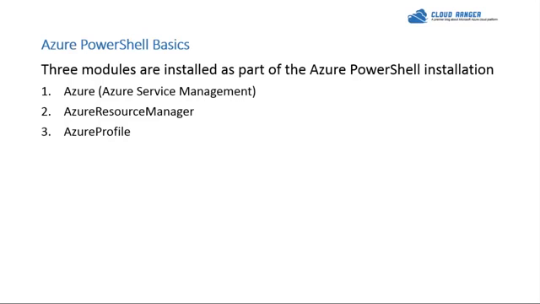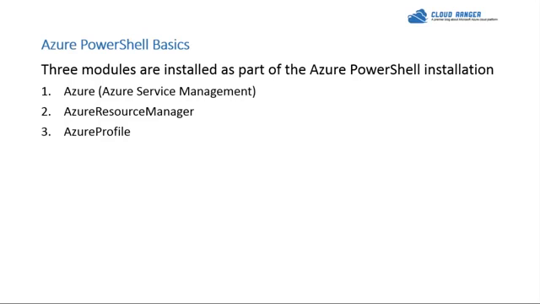By default, it doesn't matter whether you are logged in through the certificate method or the Azure account method, you are always loaded with the Azure module, or the Azure Service Management module. So you have a certain set of commandlets available for service management.